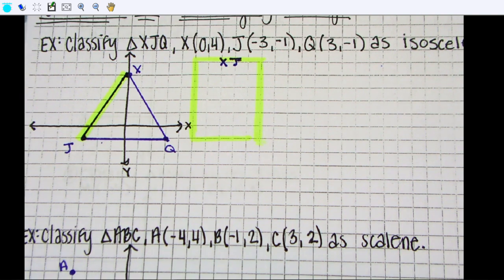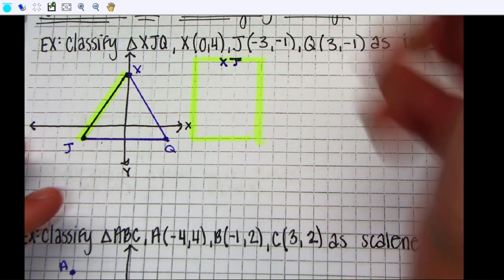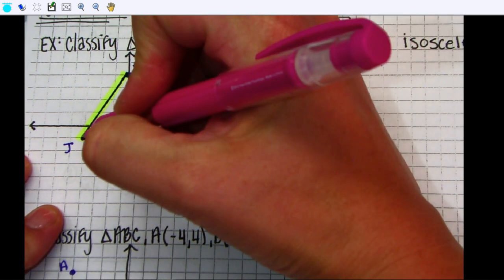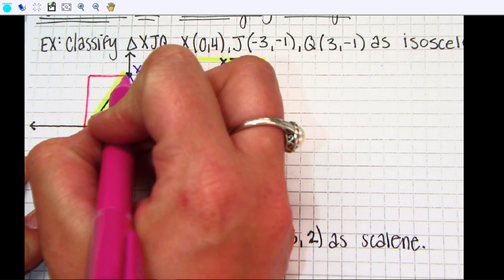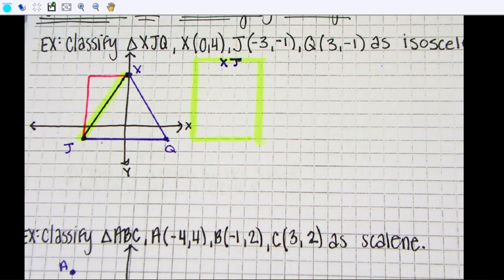So what I'm going to do is take J and Q. So I'm going to go up and over to X. Like I'm just counting, kind of like slope, but you're just moving and drawing your triangle up and over. Basically, if you do this correctly, you'll have a rectangle at the end. Like you'll have drawn all the triangles to make it look like a rectangle or square. So now you've created that right triangle.